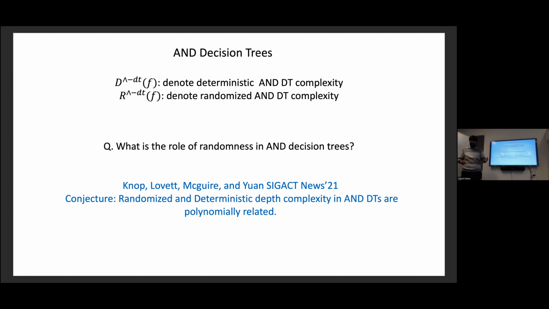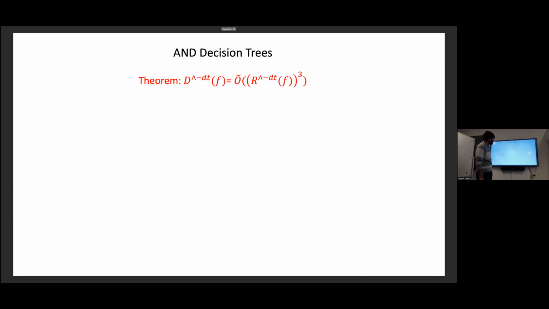So they started studying AND decision trees, and made several conjectures about them. One of the conjectures was: can we show that randomized AND decision tree complexity is the same as deterministic AND decision tree complexity, up to polynomial factors? And indeed, this is the case. We show that even over here, things are cubically related.